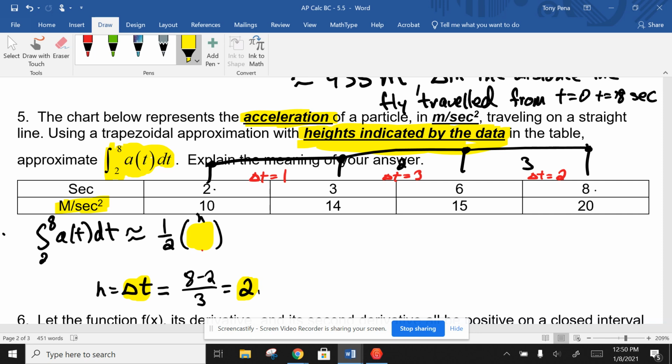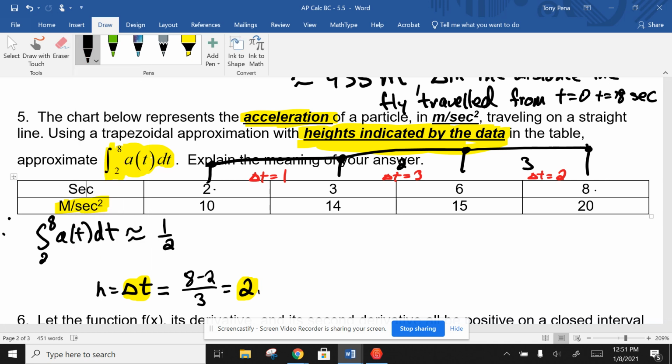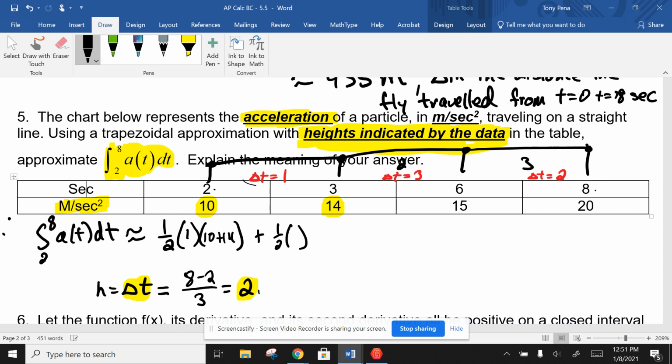So what this simply means, it's a little bit more work, but still nothing crazy. This just goes back to us having to do these as individual trapezoids. If I'm going to do trapezoid number 1 only, its height would have been 1, and its bases would have been 10 and 14. When we go to that second trapezoid, we're going to have a 1/2, but its height would have been the 3 here.